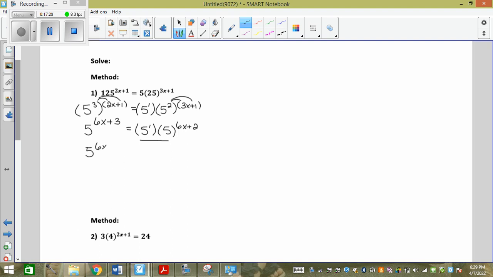So I'm going to get 5 to the 6x plus 3 equals 5 to the 6x plus 3. These are the exact same function. So if I go 6x plus 3 equals 6x plus 3, if I do that, I actually get no solution.